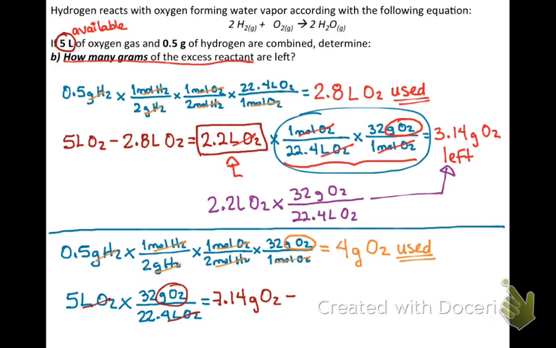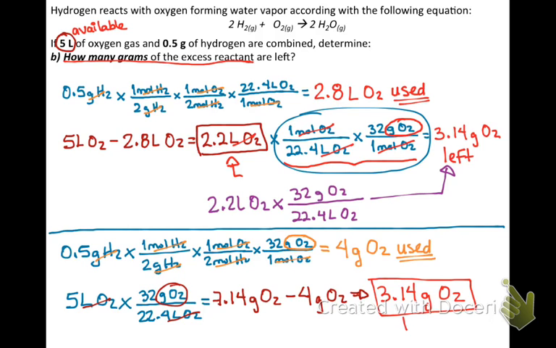And from these 7.14 grams of oxygen available, we have already used 4. So what we have left is 3.14 grams of oxygen. This is another possible way to do this.